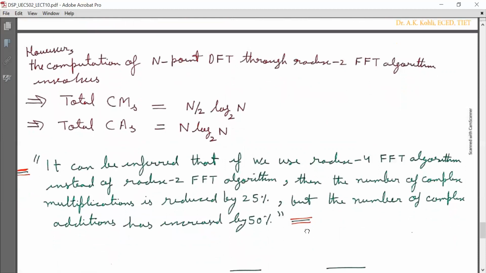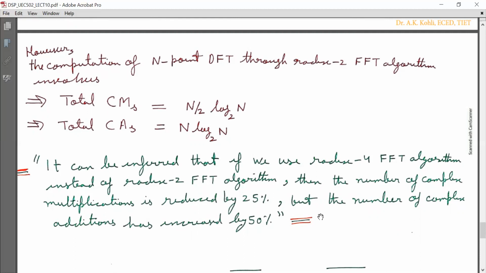Here I finish this article because this is enough for a BTech student, but I want to share information with you that there are a number of algorithms and a number of matrix-based mathematical approaches, which are easily available for students who are interested. Using those approaches, we can further reduce the number of complex additions in the radix 4 algorithm.